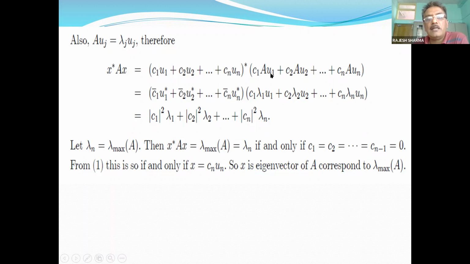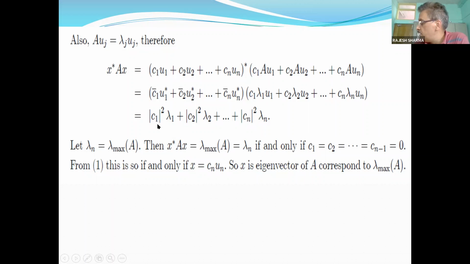Now these are the eigenvectors. A U1 is lambda 1 U1, A U2 is lambda 2 U2, A Un is lambda n Un. Now again multiplying, this is just scalar C1 lambda 1, and U1 star U1 is 1.